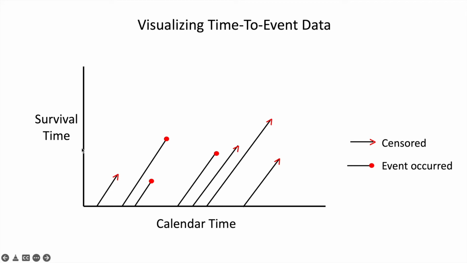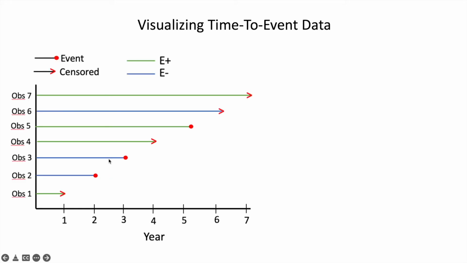Survival time will have the same units as calendar time here, but we're also able to account for when they started the study, where if we're worried that there might be systematic differences in risk over calendar time, we're able to stratify by that. Also, we're able to account for whether someone was exposed or not, so we can have an exposure positive and negative group for our time to event.